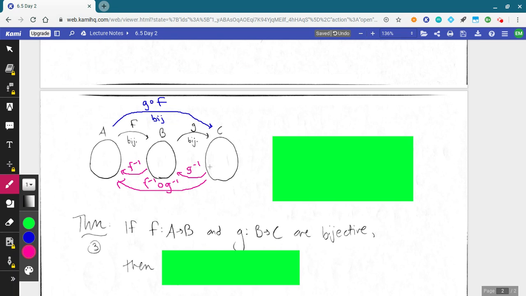But also, since G composed F is a bijective function from A to C, it has an inverse. It's going to have some inverse function from C to A. This is going to be G composed F inverse function.